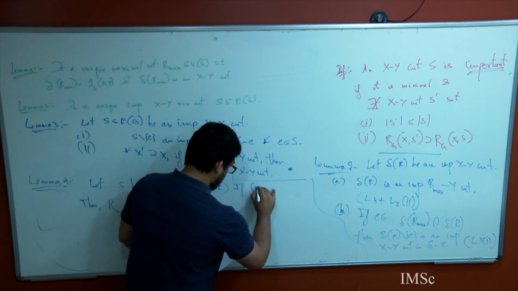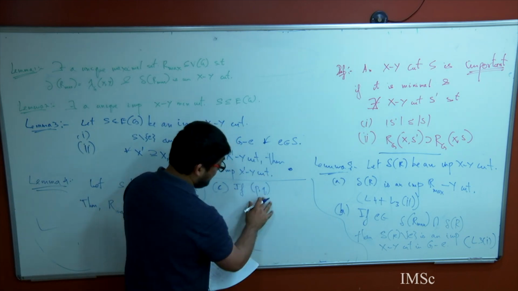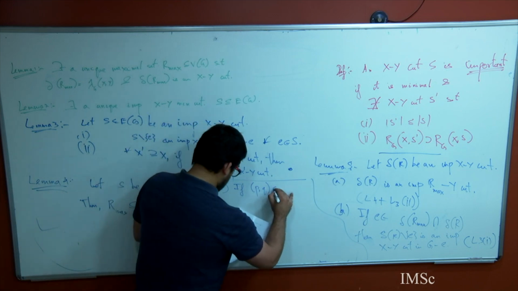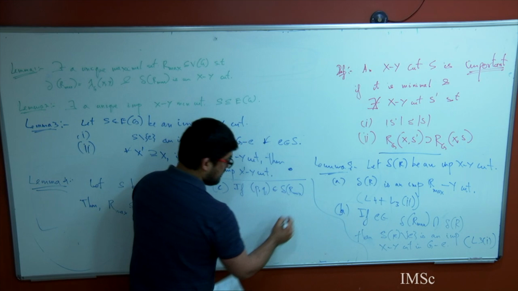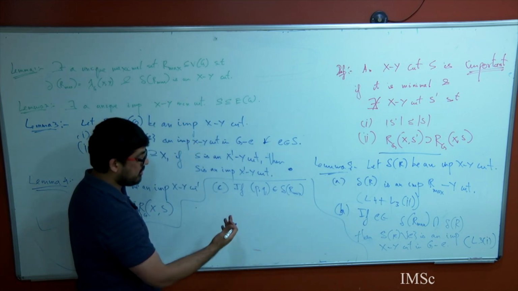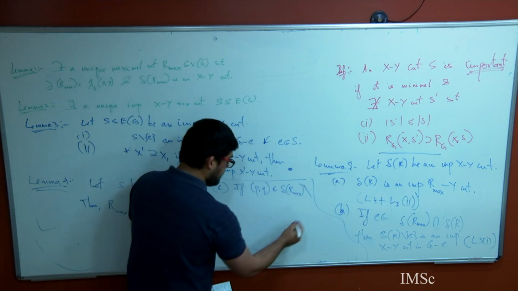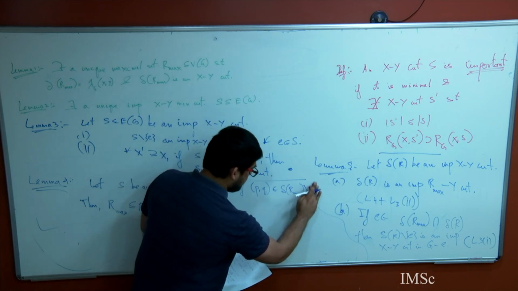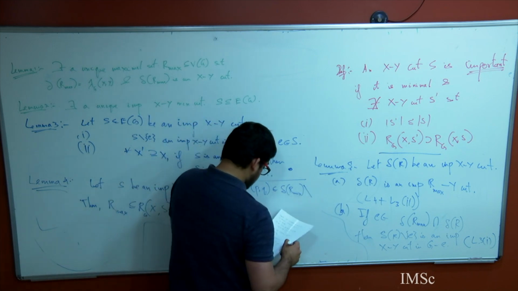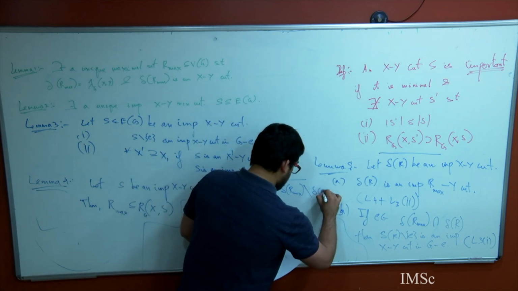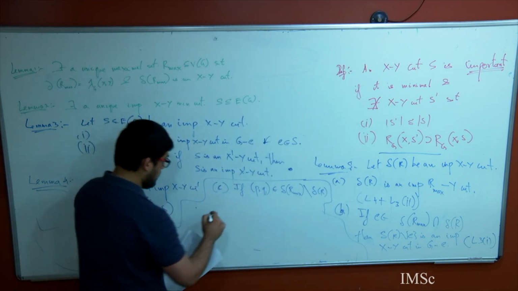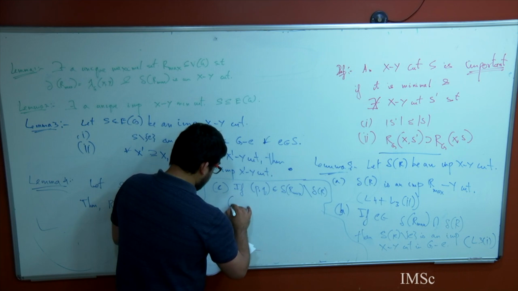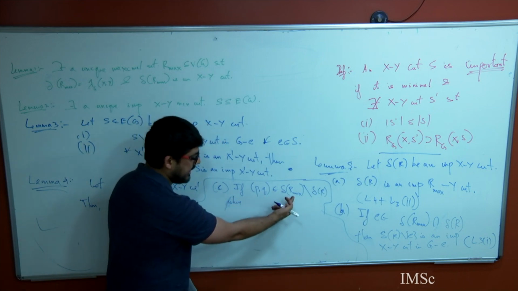If PQ is an edge that is in the set of edges going out of R max, but that's a bad place to break, minus the cut delta R, where, well, one of P or Q should be inside R max.